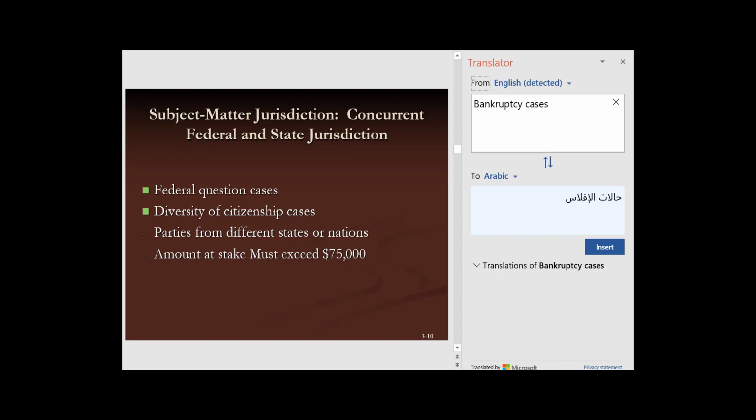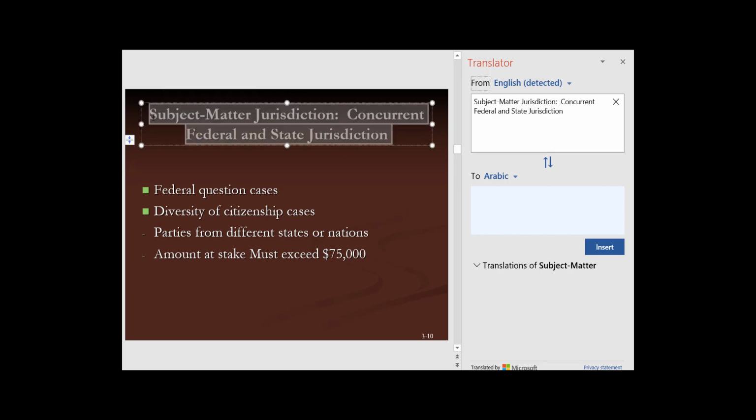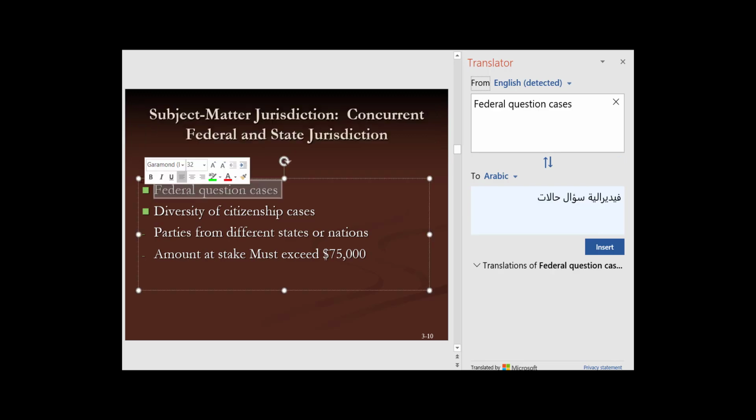Jurisdiction means, again, we can have both state and federal subject matter jurisdiction. We talked about subject matter for federal only.